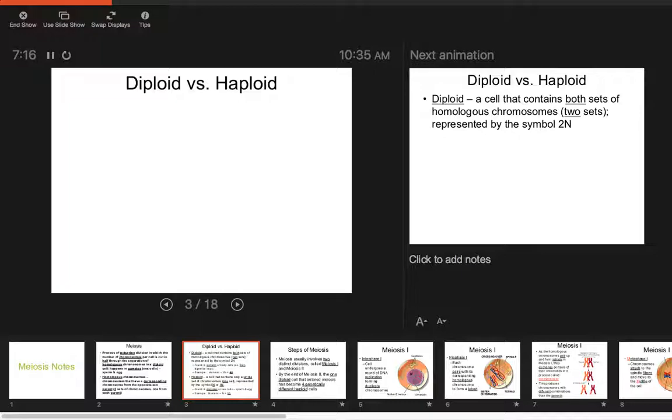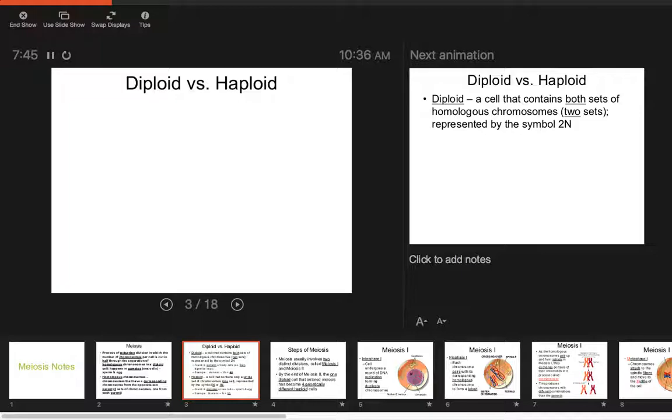If I said a grizzly bear has a diploid number of 80, what would its haploid number be? 40. If I said a Guadalupe black bass has a diploid number of 100, what would its haploid number be? 50. So you catch on to the idea, right? The other thing about diploid and haploid is they're represented by symbols. 2N means diploid.